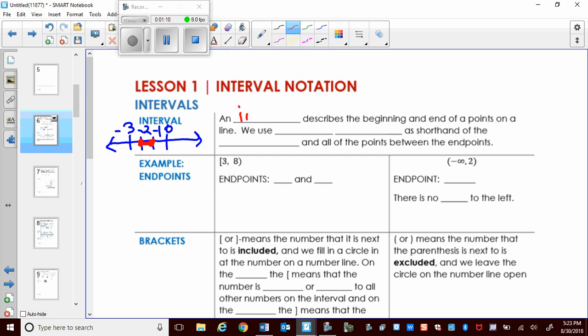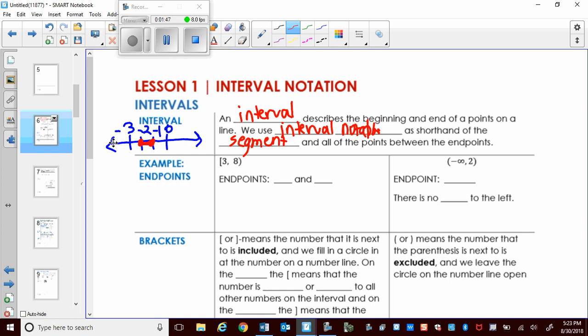So an interval describes the beginning and end of points on a line. We use interval notation. In this case, we're describing the interval with the endpoints. So it's a shorthand or abbreviated way of describing the segment and all the points between.